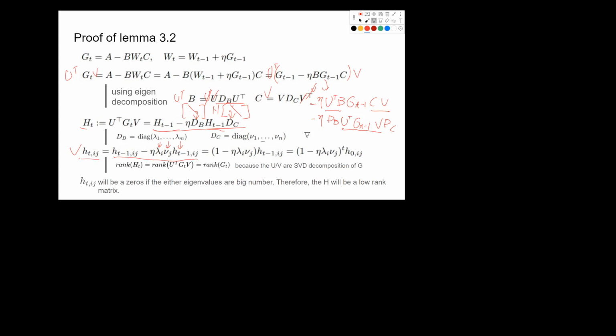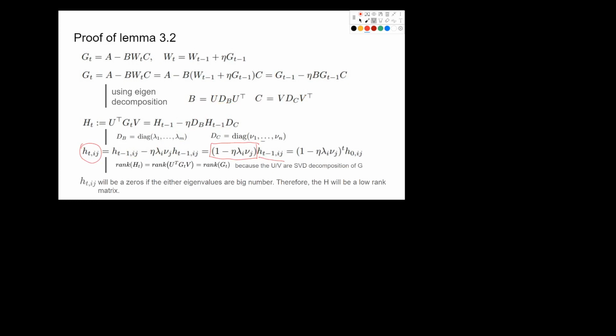Okay, and then we can take the H_t minus 1 out, so it will become this formula. So we can see that H_t will be this factor, which is not related to t, multiplied by the H_t minus 1.